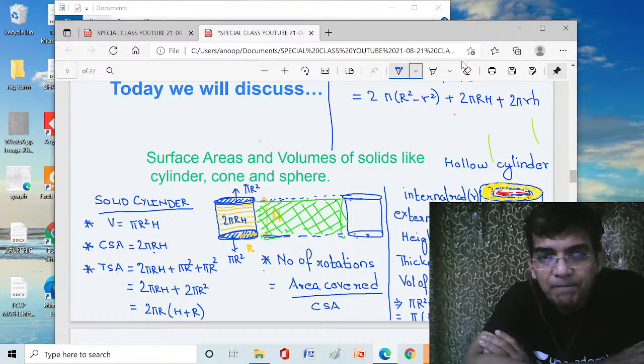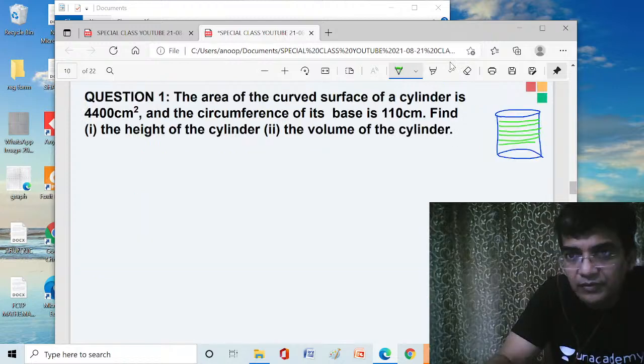If I draw a rough sketch of a cylinder over here, by the curved surface we mean this portion, which I am coloring green. This portion is called the curved surface.